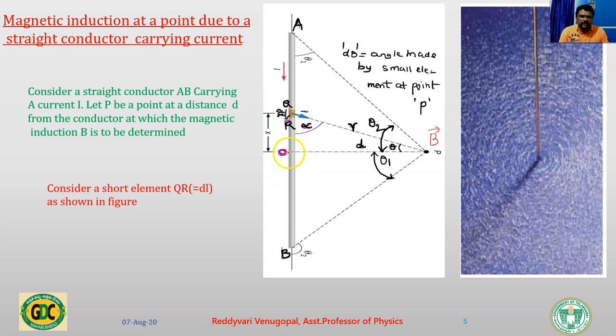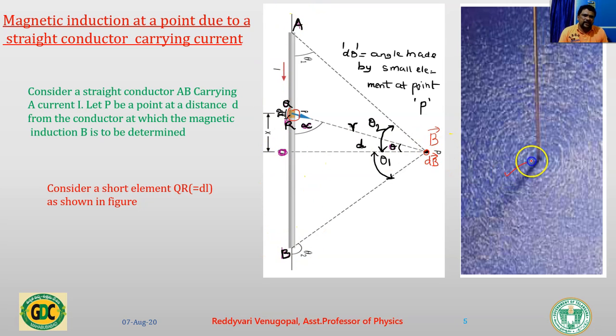It is situated at distance x from the center of the wire, and it is at a distance of r from the point P. Now we want to find out the magnetic field induction dB bar at P due to this small current carrying element by using Biot-Savart's law, and then we integrate between some limits. I will explain later. By integrating we will get the magnetic field induction B bar due to this total current carrying wire at point P.